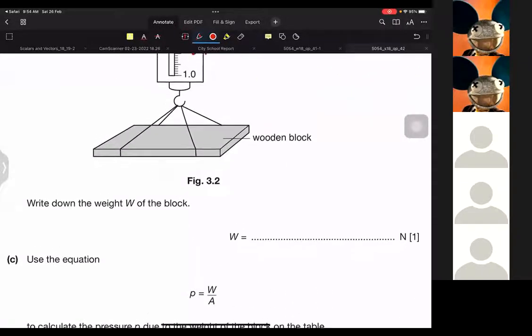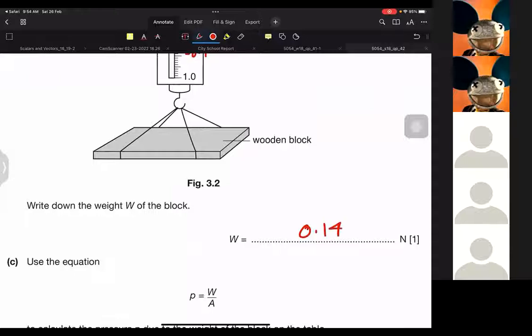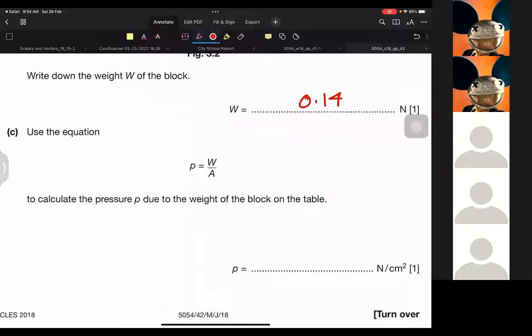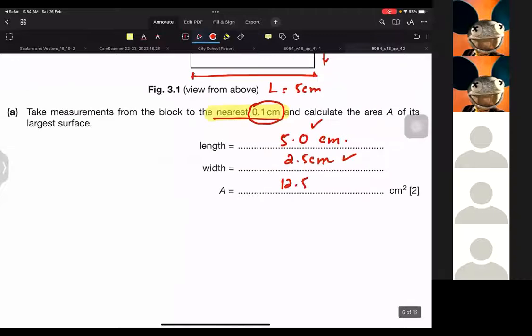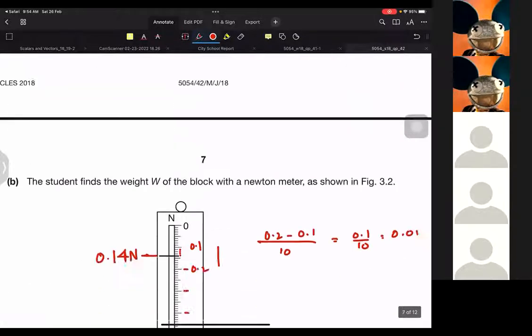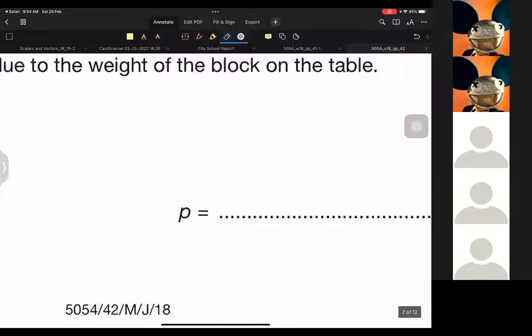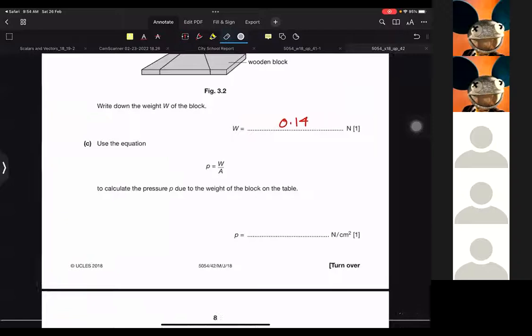So now I'm gonna write 0.14 newtons, and then it says use the equation to calculate the pressure. We have already found out the area, and we have the force. So then pressure equals force over 12.5.